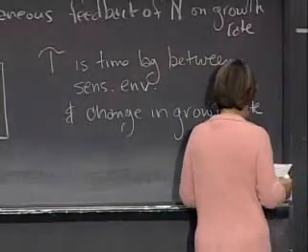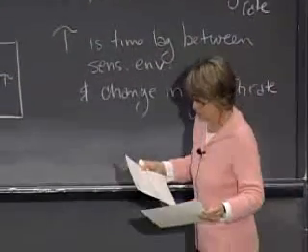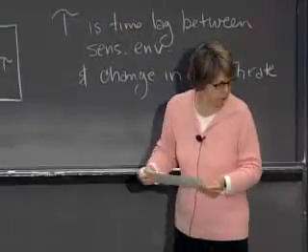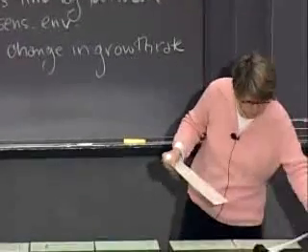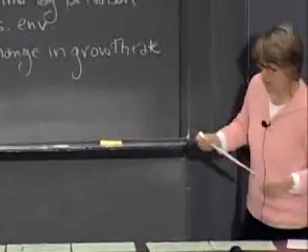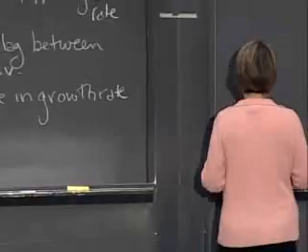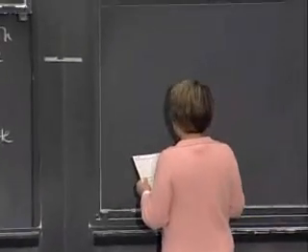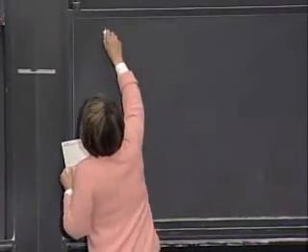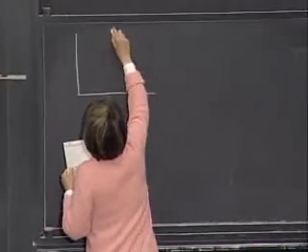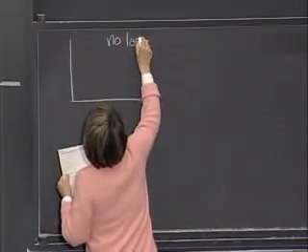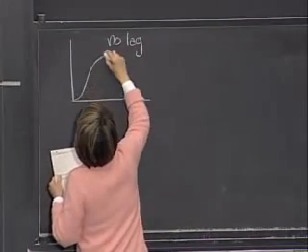So let's look at what that means, because this brings us to another level of complexity. Let's look at some possibilities here. With no lag, we have our logistic equation, right?